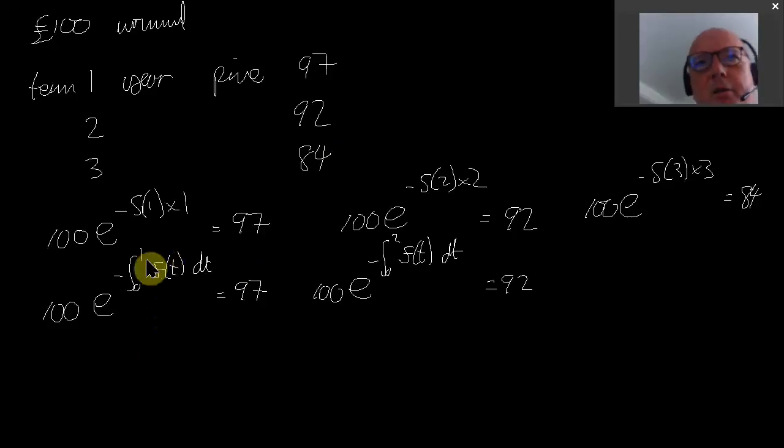Okay, so we're going to assume this is a constant, and we get 100 e to the minus f 0,1 equals 97.